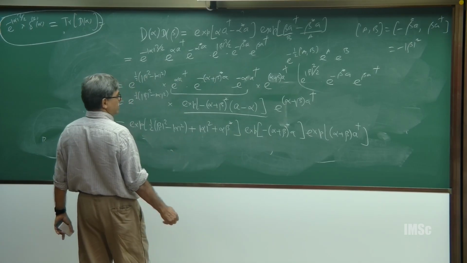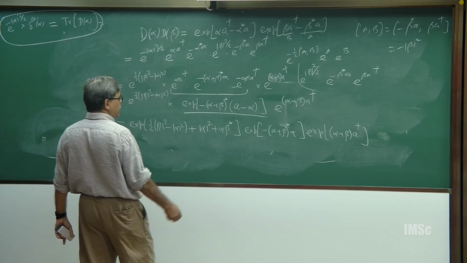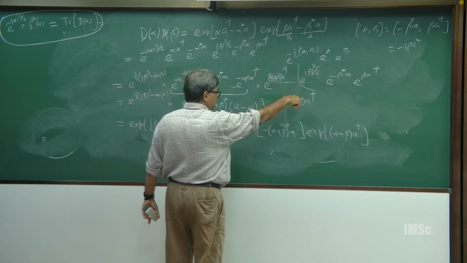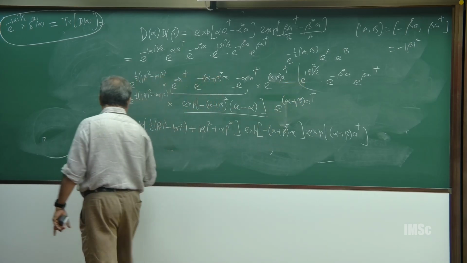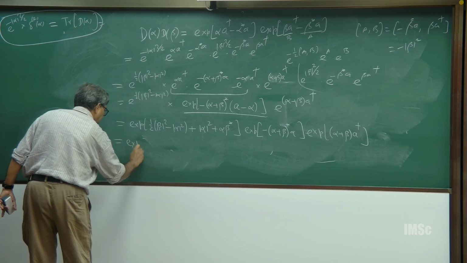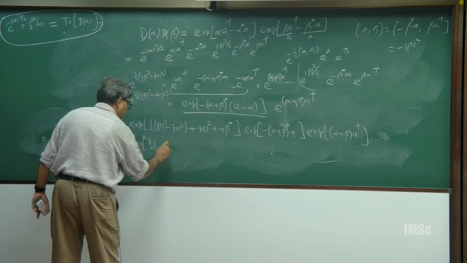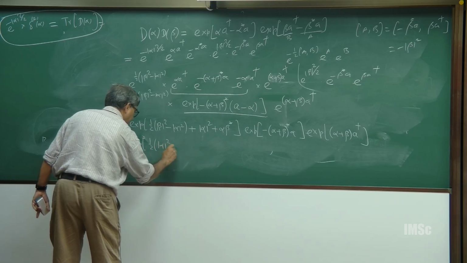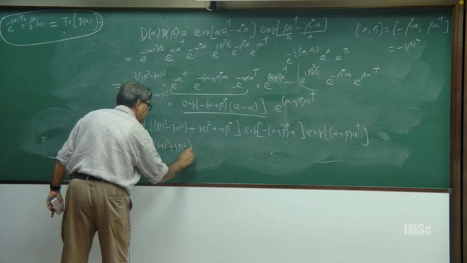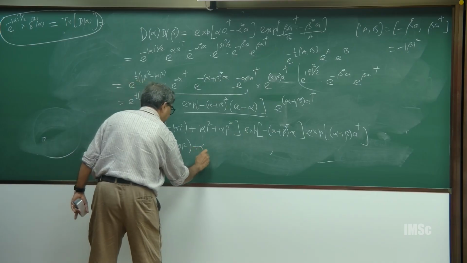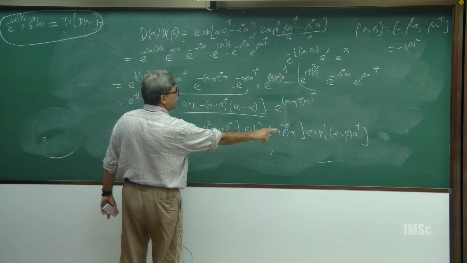So, therefore, what we need here is e to the power mod alpha plus beta square by 2. So, this is exponential of half mod alpha square plus mod beta square plus alpha beta star, and now I need this.